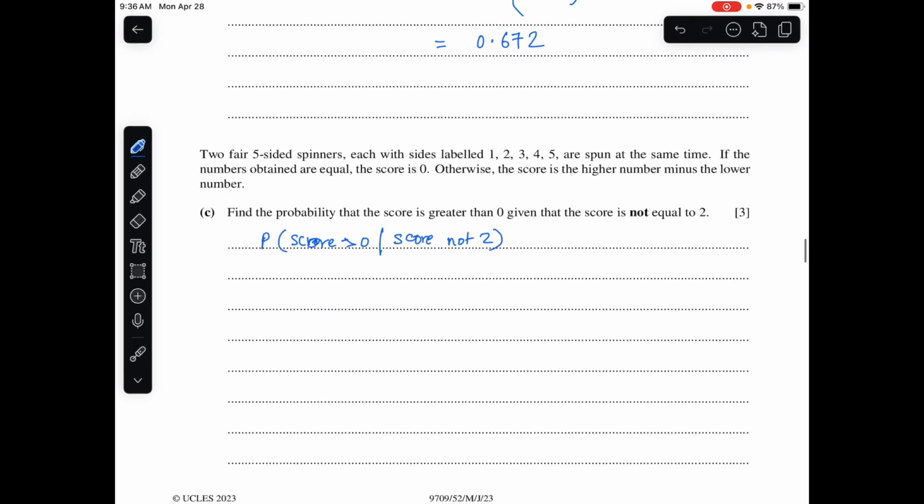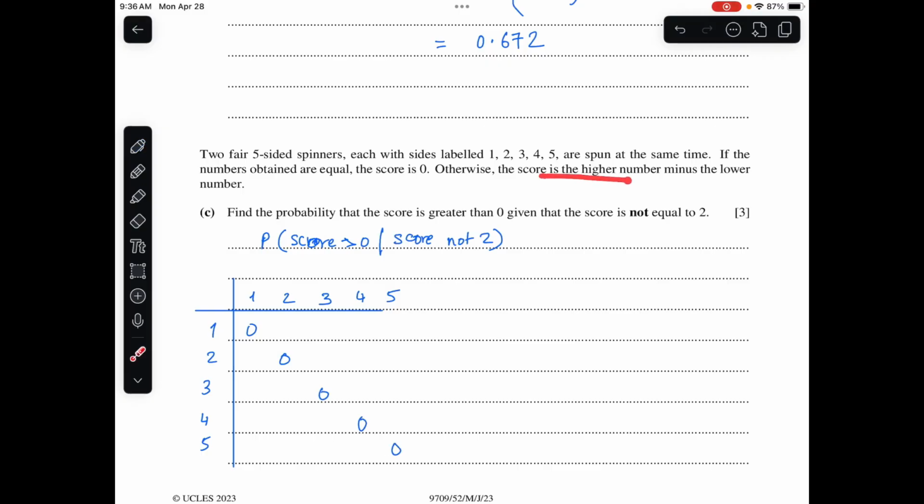Alright, so what we have over here, if I could explain with the help of a diagram, that would be easy. So we have 1, 2, 3, 4, and 5. The two spinners are spun at the same time, and if the numbers are equal, then the score is 0, like for 1, 1, 2, 2, 3, 3, 4, 4, and 5, 5.